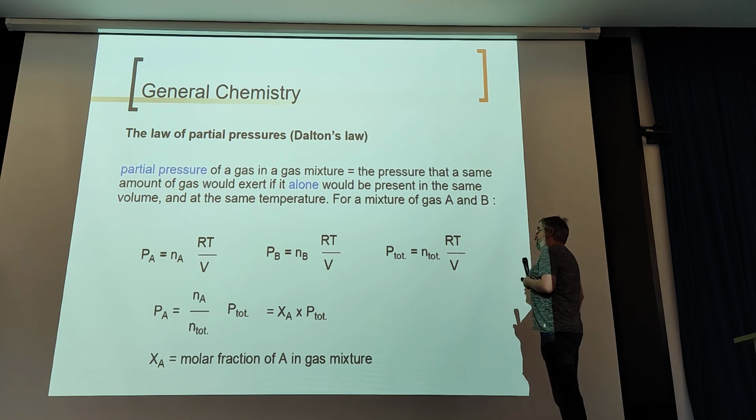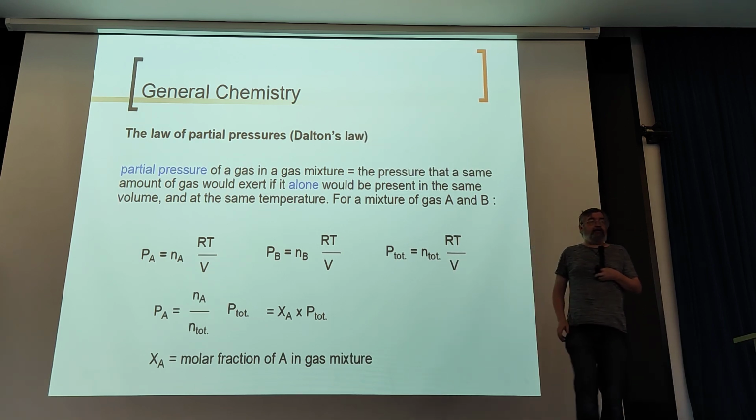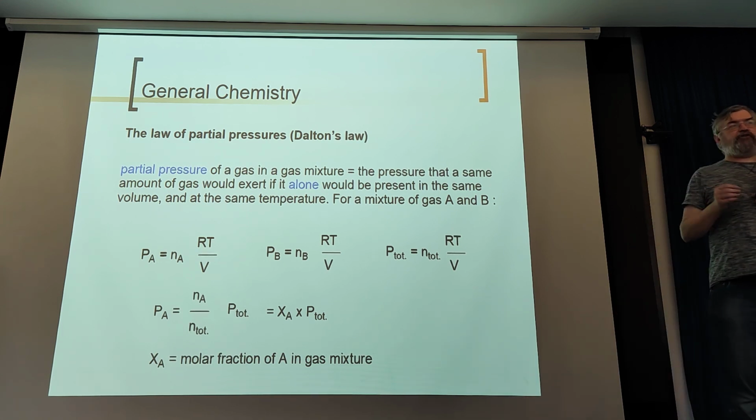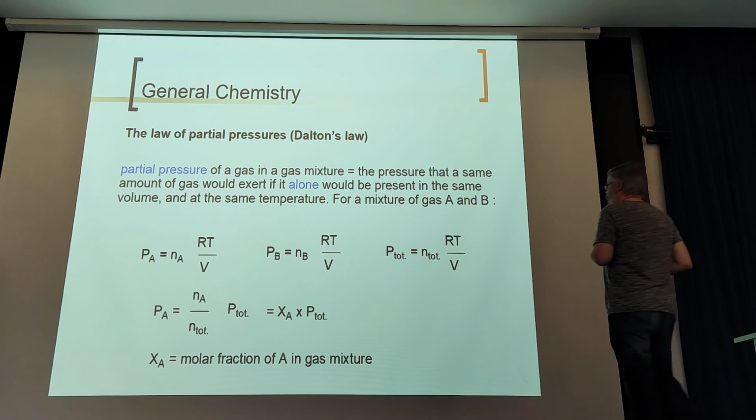And then the same for compound B. Since this PV = nRT equation is independent of the kind of particles, we can just add up the particles n_A and n_B, that's the total amount of particles, and we can calculate the total pressure.